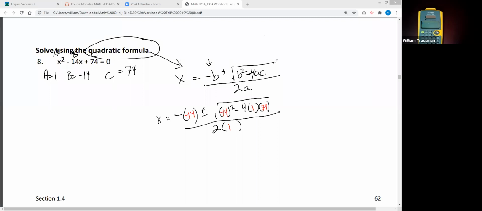Let's stop sharing and go to our calculator. All right, so I'm going to type the whole thing in and just show you how it's messed up. So first we type in the fraction. Then there's a negative sitting out in front. Then we had the parentheses, negative 14. Then we had plus and minus, but I'm just going to use the plus for now. The square root, parentheses, then we put the negative 14 and we squared it.